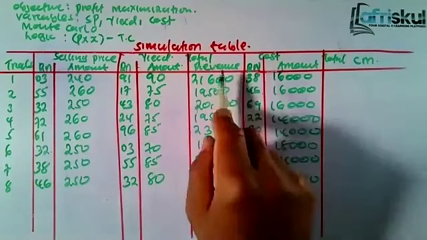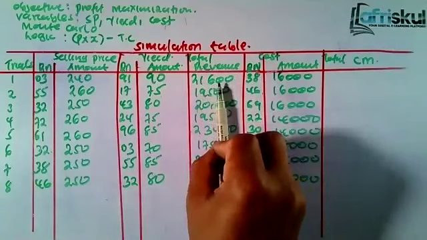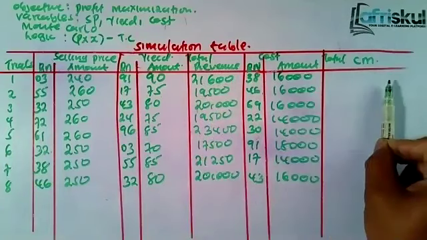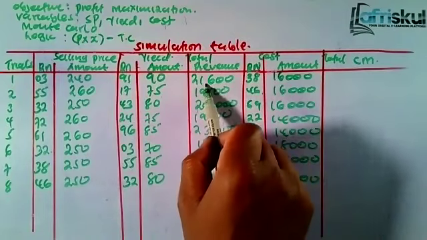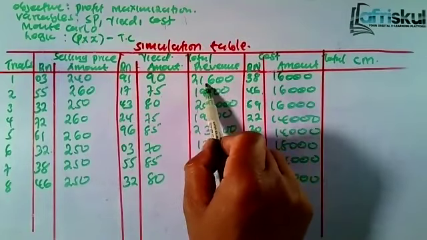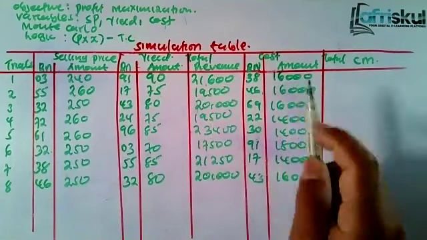Then, after you have the total revenue, now you take the total revenue minus the cost for you to get the profit or the contribution margin. So like the first one is 21,600. That was the revenue. And the cost was 16,000.